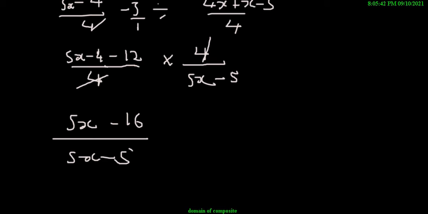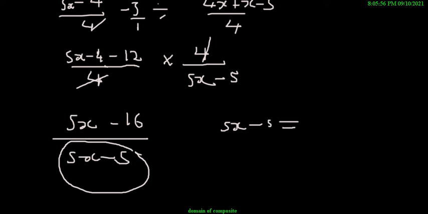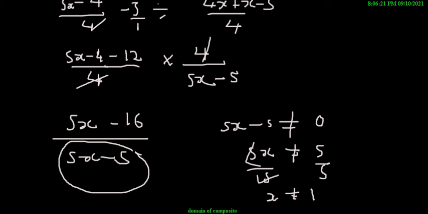All we need to do is take this denominator and say that 5x minus 5 should not be equal to 0, otherwise it will be undefined. So 5x should not be equal to 5, and x should not be equal to 1.